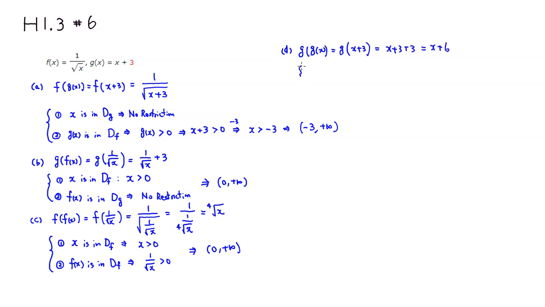And then in order to find the domain, you have to check two things. We have to make sure that the x is in the domain of g, but there's no restriction. And 2, we have to make sure that g of x has to be in the domain of g.